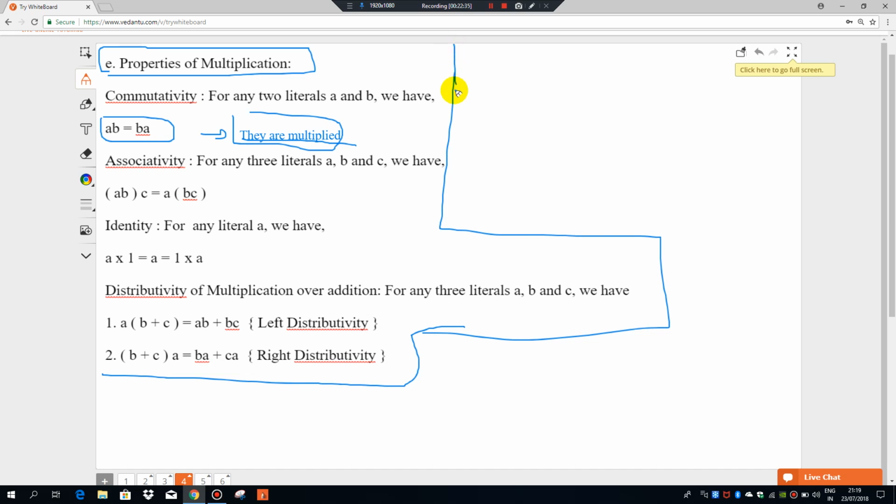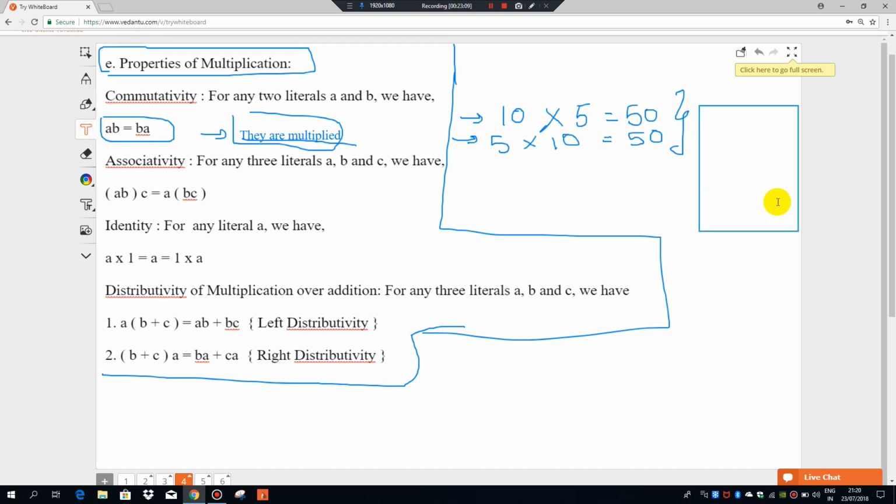I'll show you an example. 10 into 5 gives 50. Same like that, 5 into 10 is also 50. Right? The order has been changed.